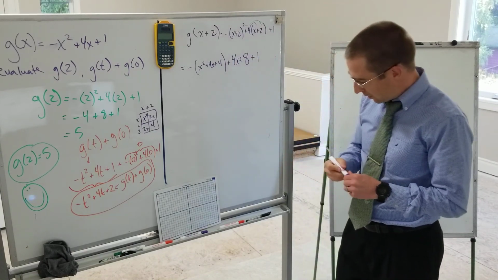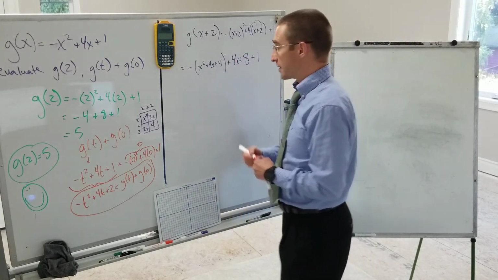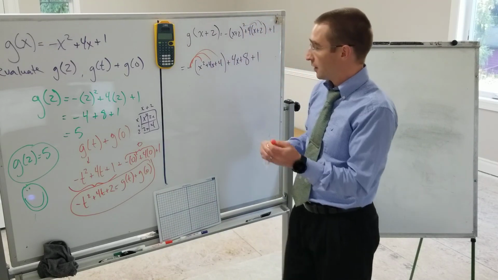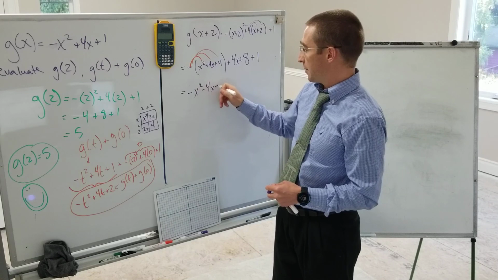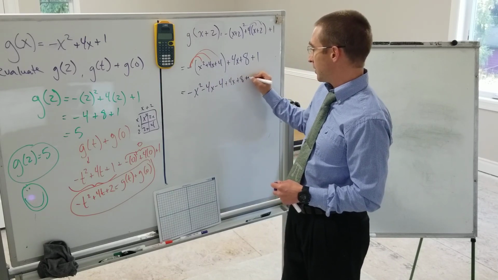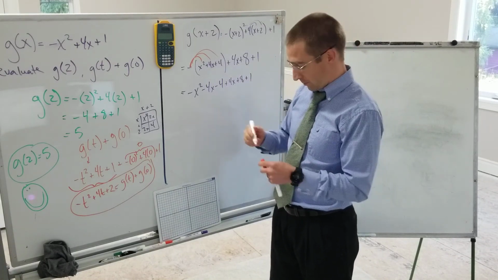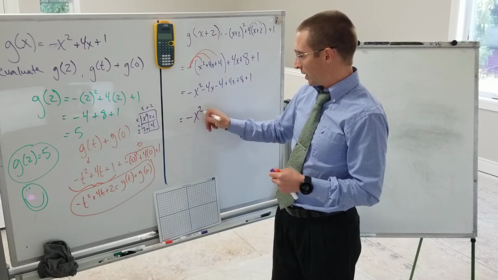All right, still it's a negative out here, so I got to distribute, and then I can simplify or combine like terms. So we bring that negative in, we get negative x squared minus 4x minus 4, and then we have a plus 4x plus 8 plus 1. Combine all the like terms together. We get a negative x squared.